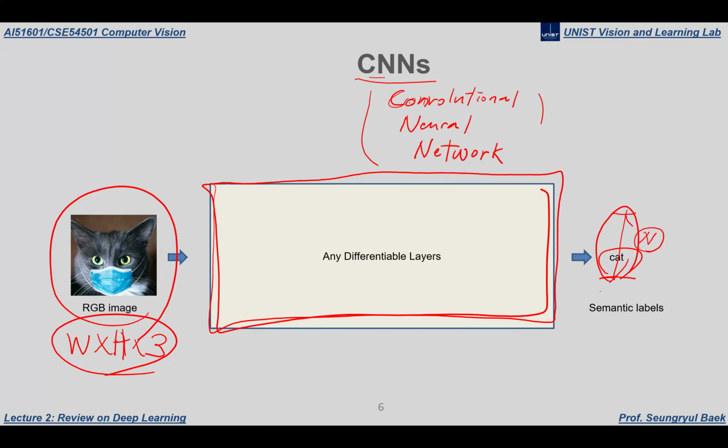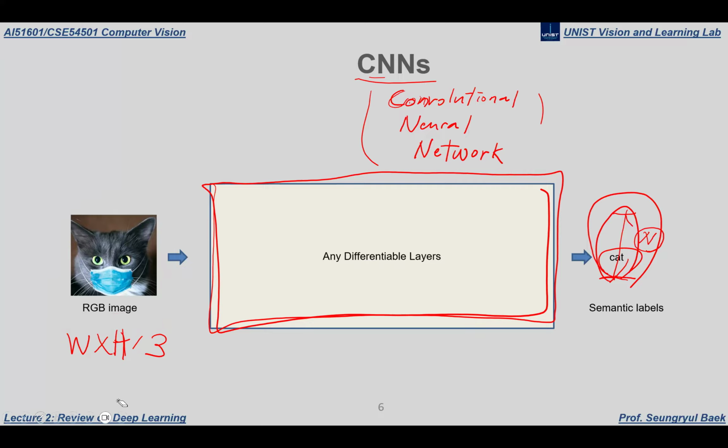So this will denote the n classes' probabilities. Okay. So our aim in image classification is to output an n-dimensional vector from these RGB image arrays. Okay. And any differentiable layers could be located between this input and output.